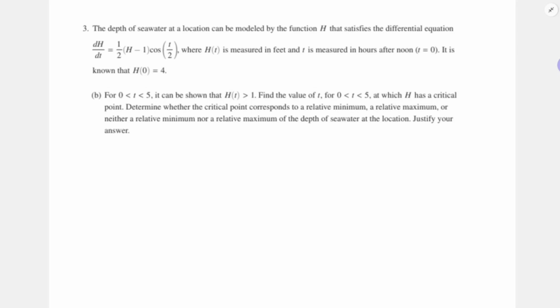In part B, it says that it can be shown that h of t is greater than 1, and we're going to find the value of t between 0 and 5 at which h has a critical point. Maybe I'll just start with that. A critical point would be where h prime is either equal to 0 or undefined.